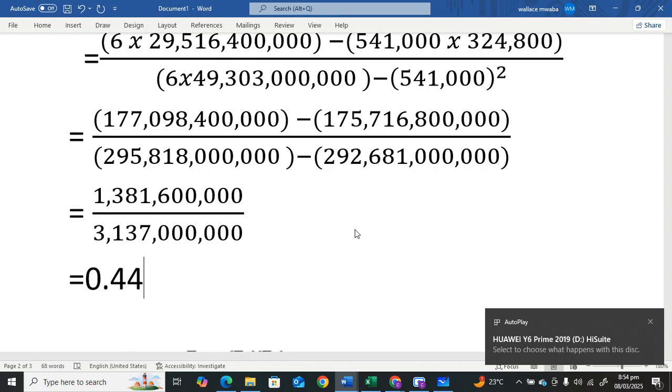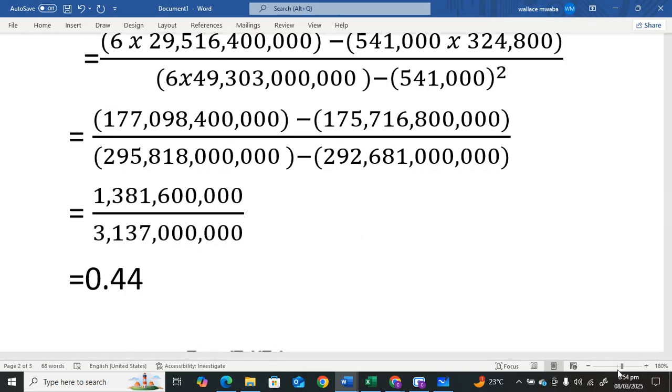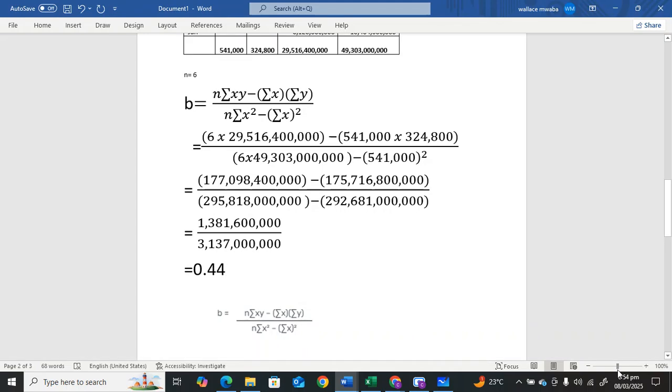Are we all getting 0.44? All right. So we've got the first part of our equation, B. Any questions?